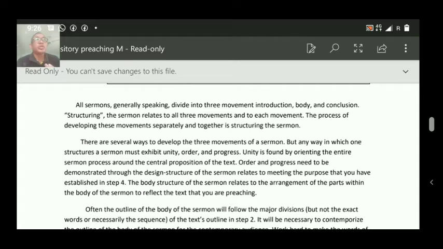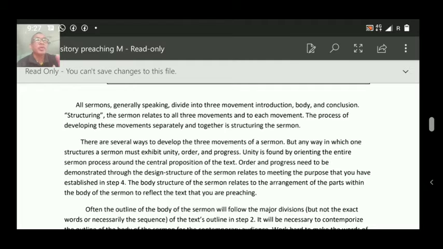Everything depends upon how you structure the sermon, so it becomes very vital, but to do this is very easy.